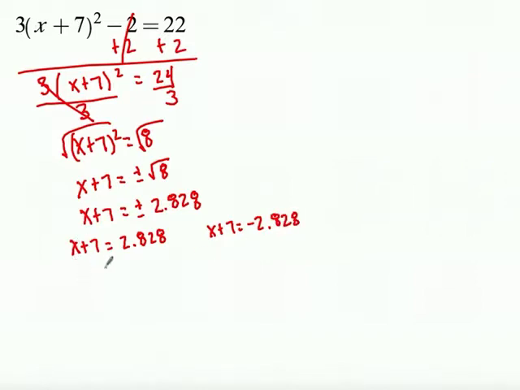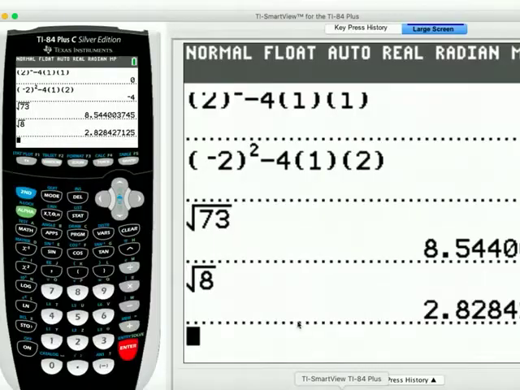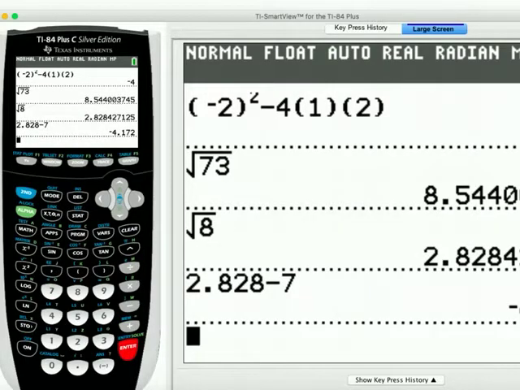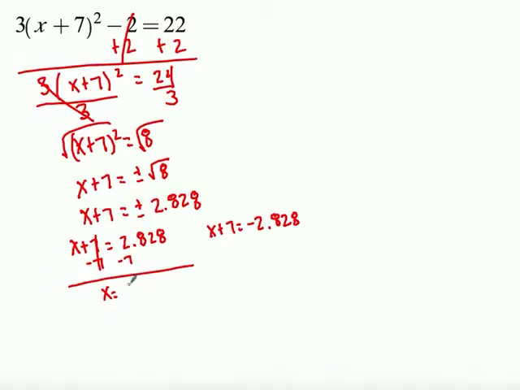Then to get x by itself, I'm going to subtract 7 from both sides here. That'll cancel and give me x equals, going back to my calculator, 2.828 minus 7, which is negative 4.172.